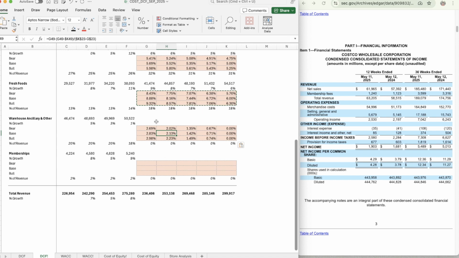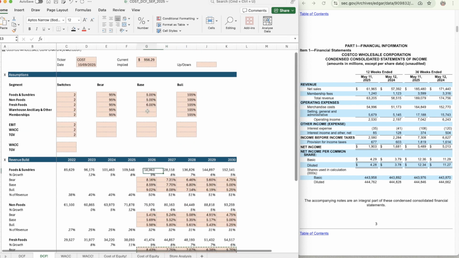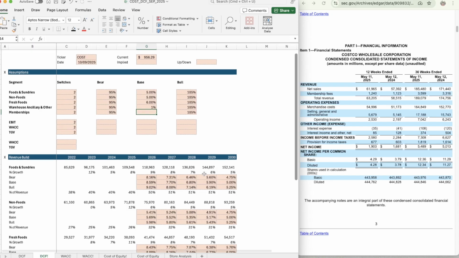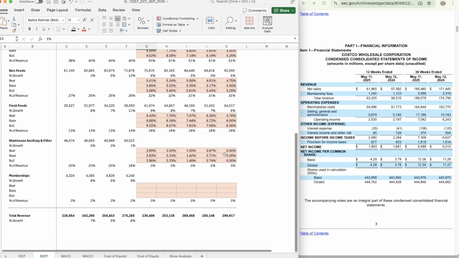There we go. And what should we say this growth rate is going to tend to for the warehouse? Let's put 1%. And that's G13. Equals offset C13.